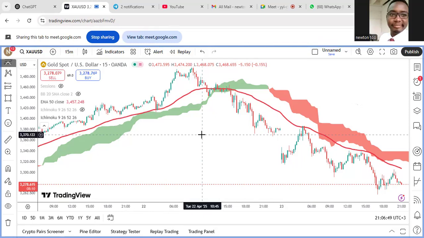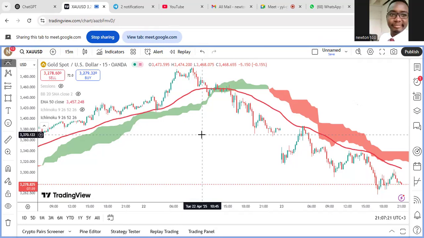But I remember back before, I used to trade the 50 alone, the 50 MA alone. So when it bounced off the 50 MA alone I would trade, but I was trading without the trend. But if you can combine the cloud and the 50 MA, it's powerful.